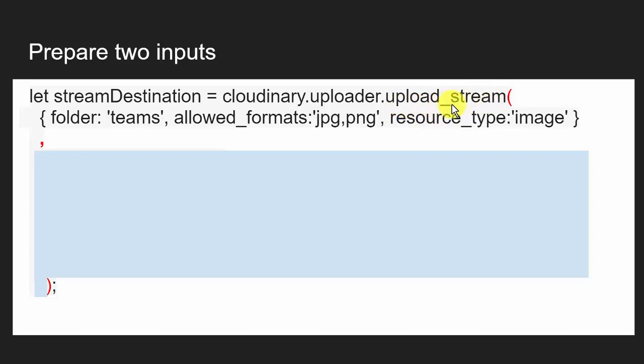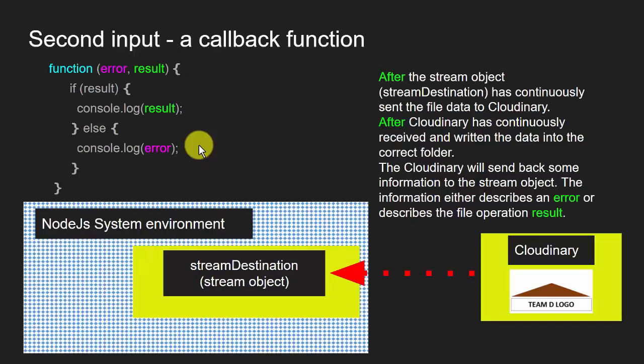This upload_stream method shall return a stream object, and this stream object shall be assigned to this stream destination variable. We are now halfway through configuring this stream destination object. The second input which we need to provide to that upload_stream method is a callback function.